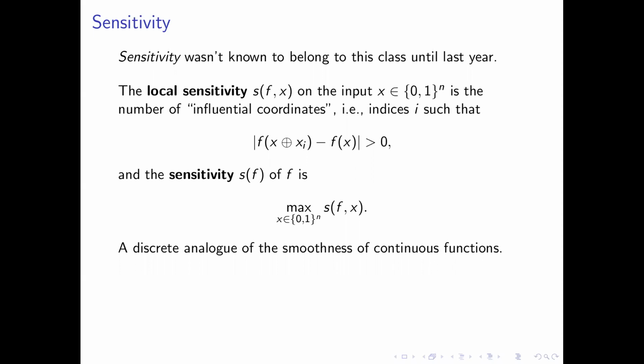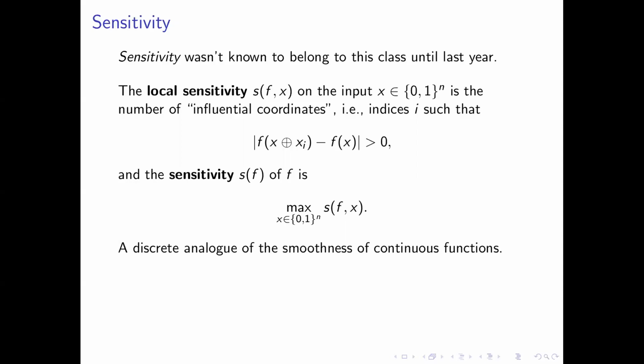If you think of the hypercube as a discrete metric space, then you can derive an inequality where the sensitivity S of f sort of looks like a Lipschitz constant, but I won't go down that path. Suffice it to say that this sensitivity is sort of like a discrete analytical measure of complexity.